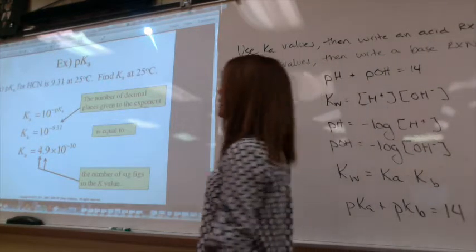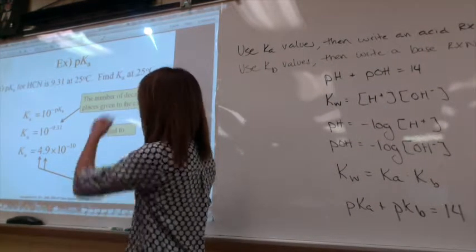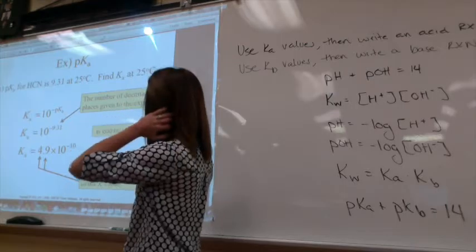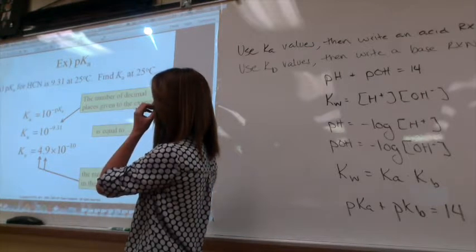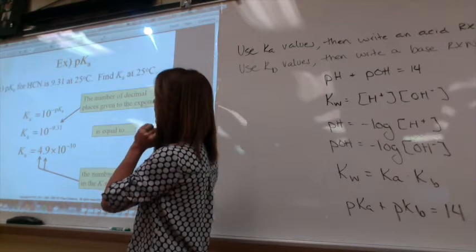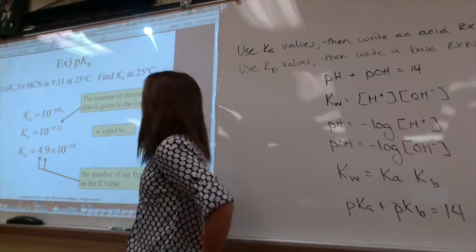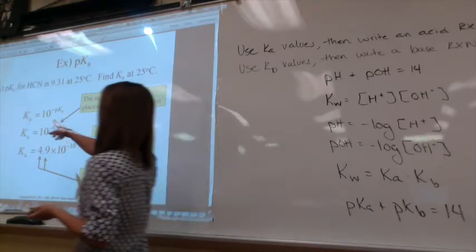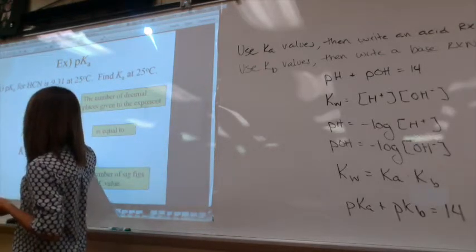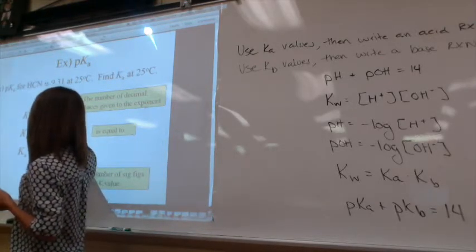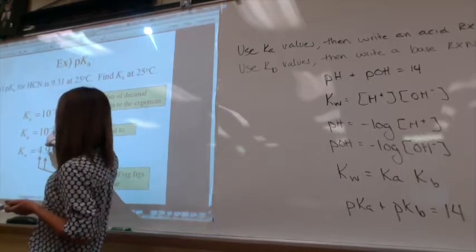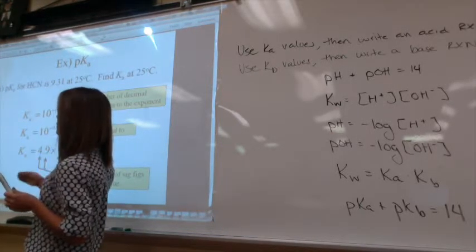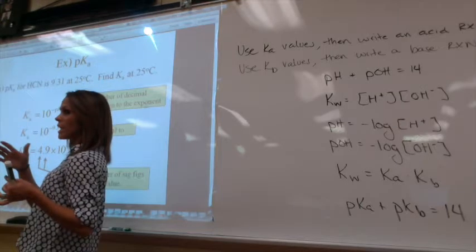All right, so find Ka at 25 degrees C for hydrocyanic acid with a pKa of 9.31. If you're given the pKa, you can just set this up. Ka is equal to 10 to the negative pKa, and then you plug in your pKa value, which is 9.31. So it's the reverse of what you did with pH.